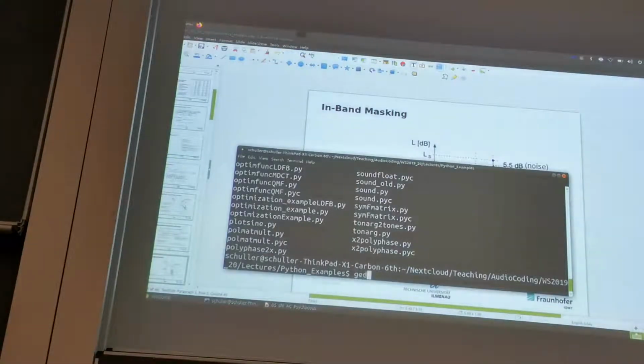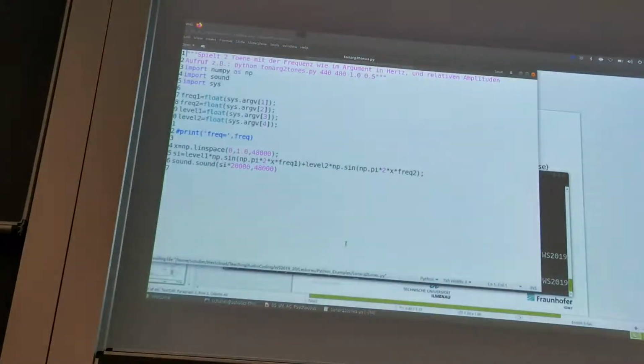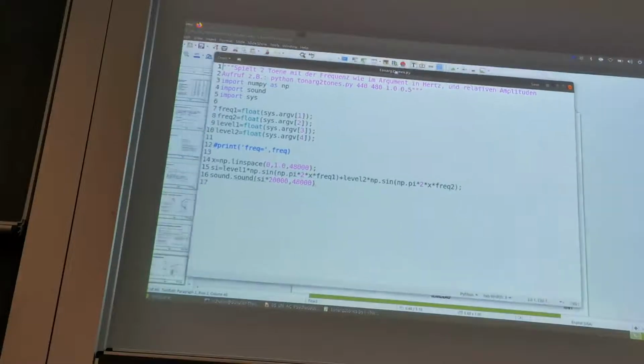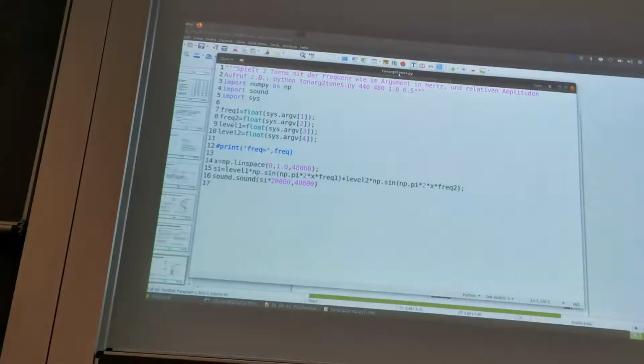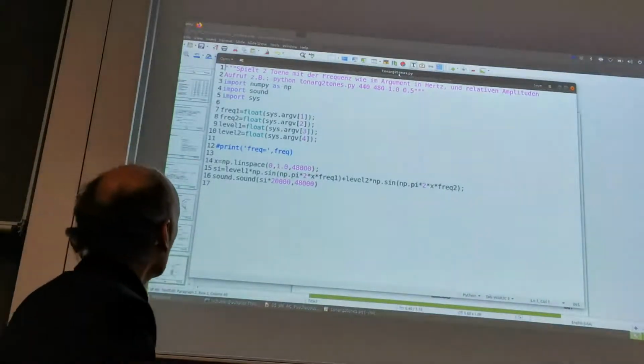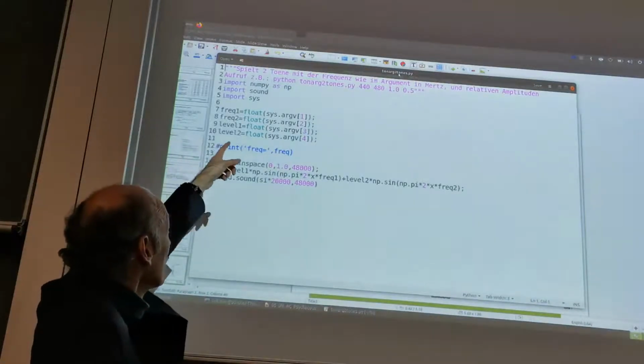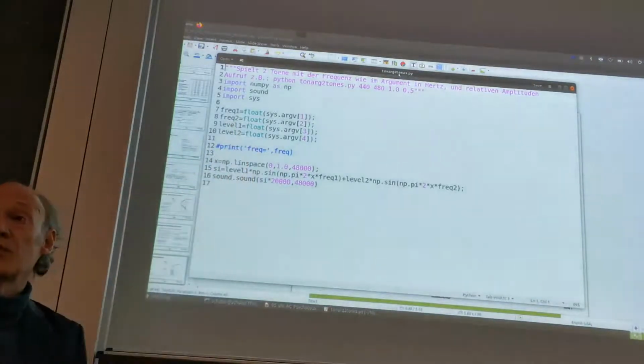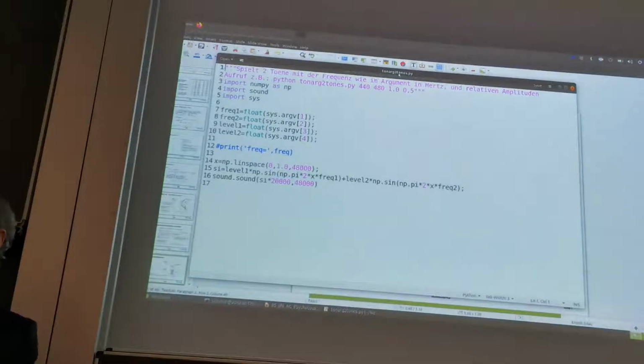So here I'm opening it in my editor, and you can see it's really a small program using my sound library. You can find sound.py also in Moodle, which gives you an easy interface to generate tones.